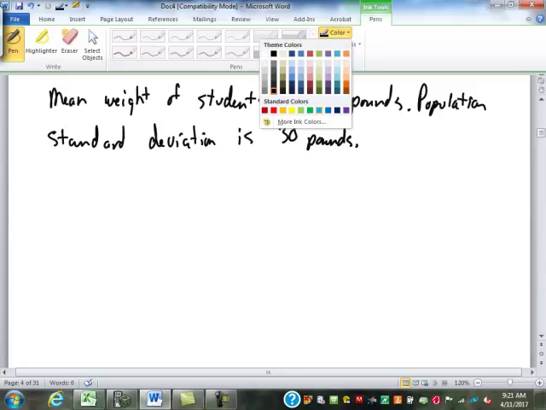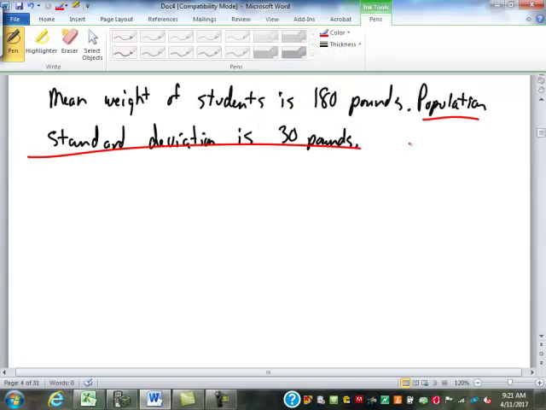Since we have the population standard deviation here, that tells us this is going to be a z-test. In other words, we're back to using the normal distribution instead of the t-distribution.